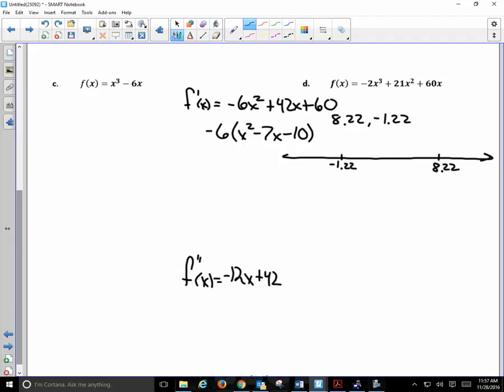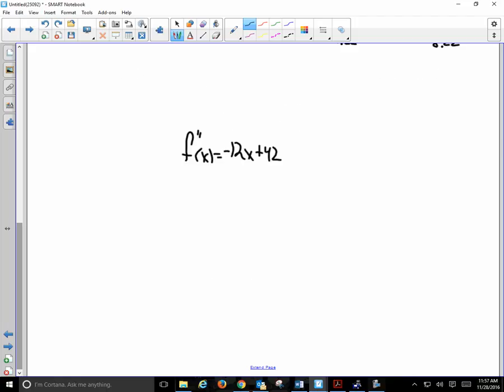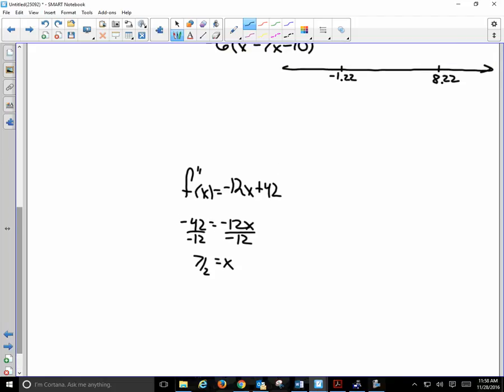Can I figure out where that's equal to 0? Yeah, so -42 is equal to -12x. Divide by -12, and I get 7/2, or 3.5.